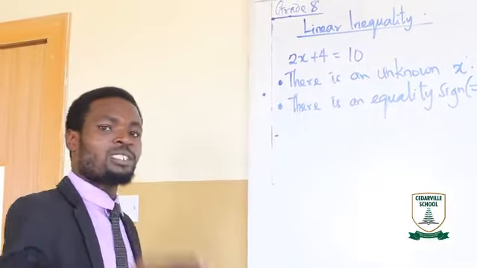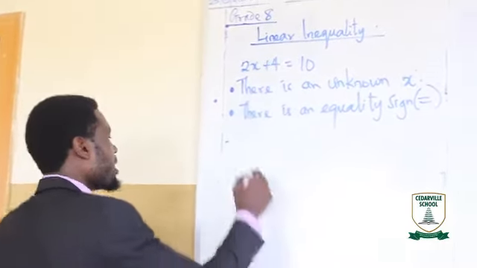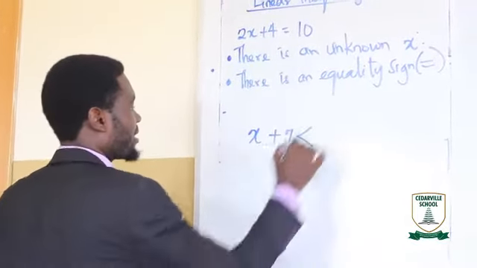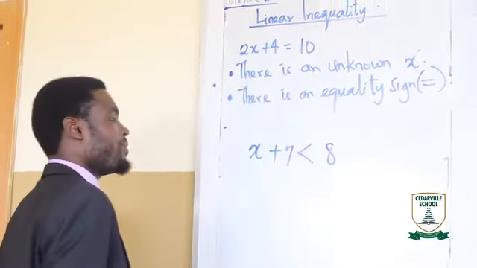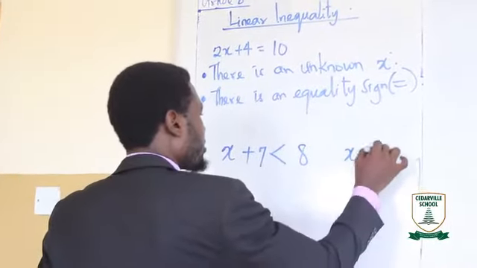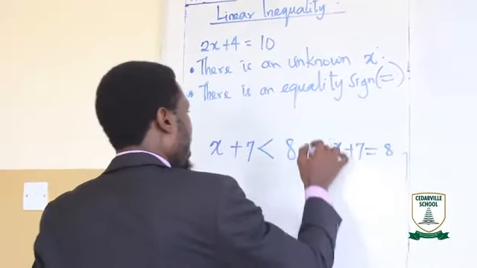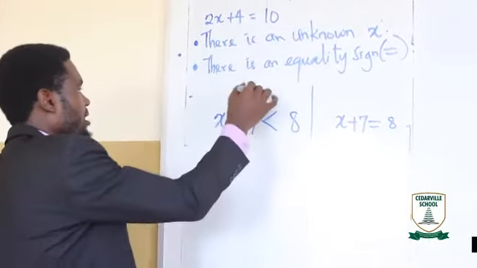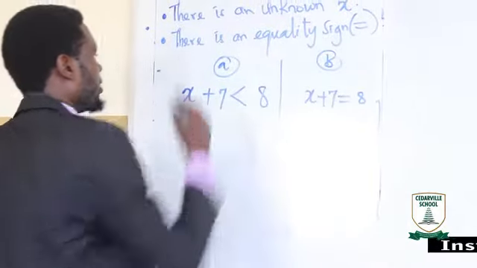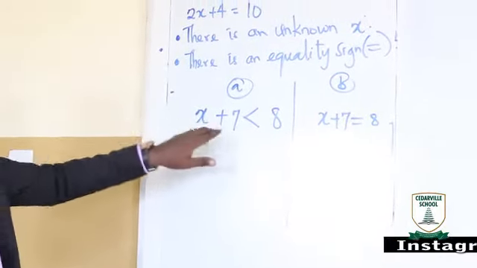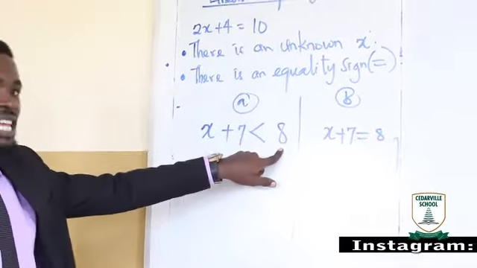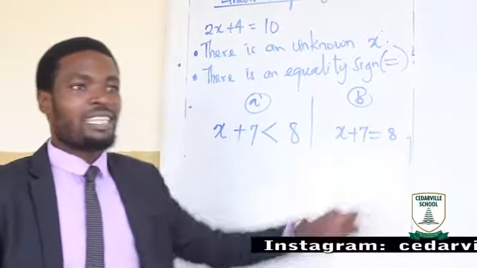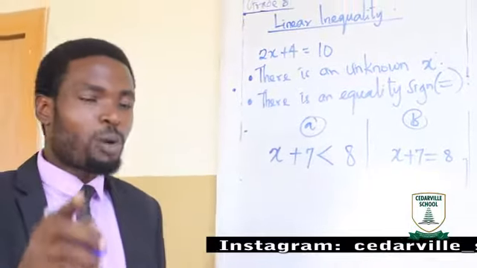If I have x plus 7 less than 8, and if I have x plus 7 equals to 8, I want you to consider these two expressions. The first one is A, and the second one is B. I want to believe you can pinpoint the difference.